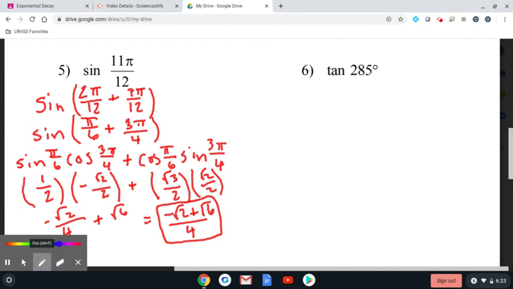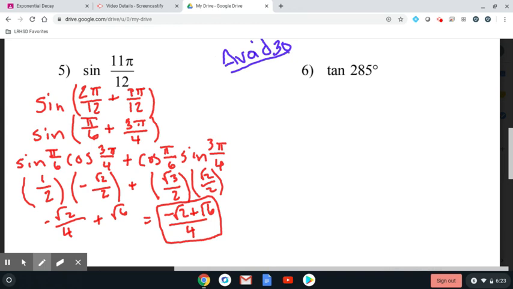In this case, since we're working in degrees, you want to really avoid a 30-degree angle. Never use 30 degrees, because when you take the tangent of 30 degrees, you end up getting root 3 over 3. And we don't want to deal with more fractions than we have to.